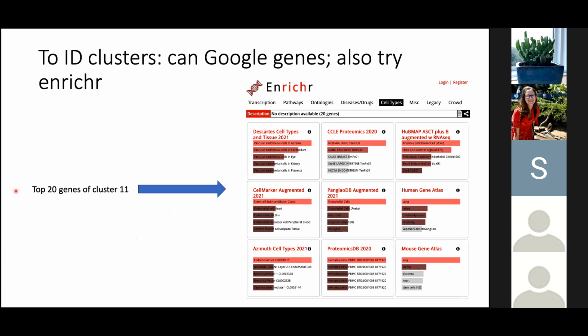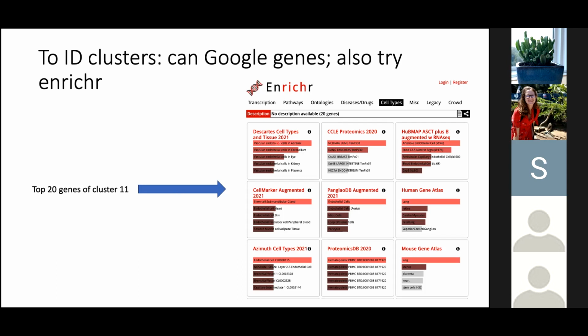Basically what I did is I took the top 20 genes of cluster 11 and plugged them into Enrichr, and what you can see is there's a lot of endothelial cells, endothelial cells, endothelial cells. But the issue is that even if you do this, if you're not really used to looking at this output, it's super confusing, right?